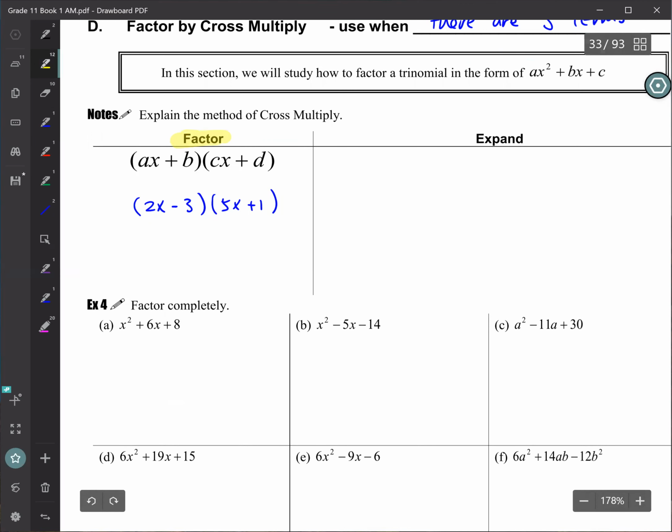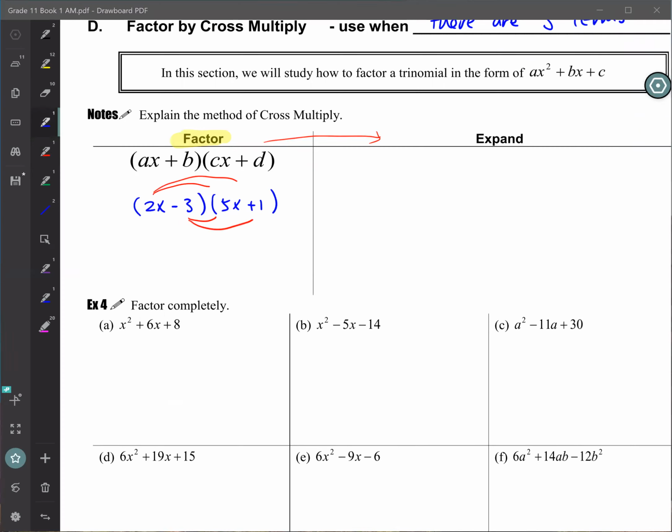We'll go expanding first, and then think about how we can go back by looking at the results. So if we expand, do the FOIL, 1, 2, 3, 4. I'd like you guys to try it out, finish the expansion, and raise your hand.